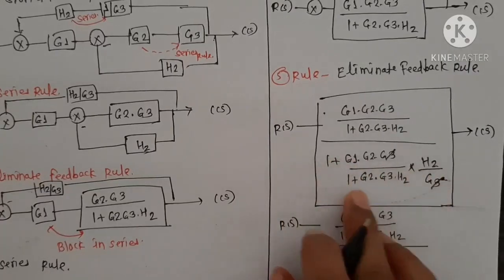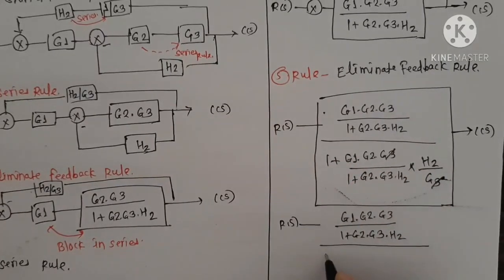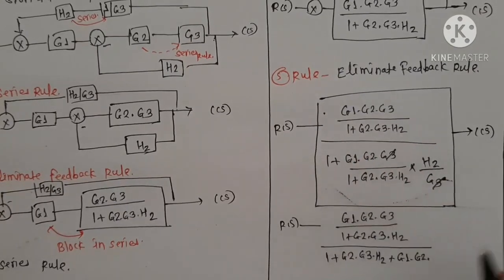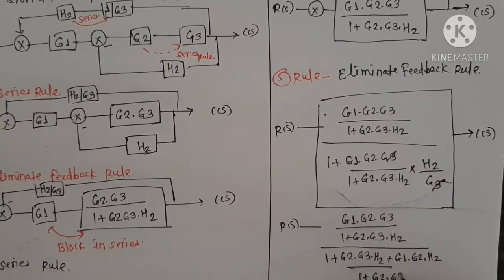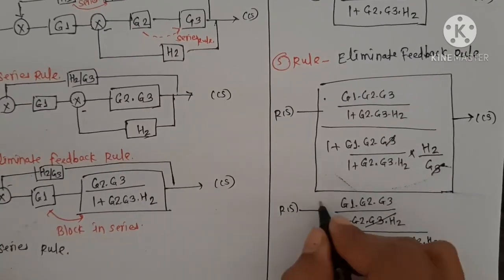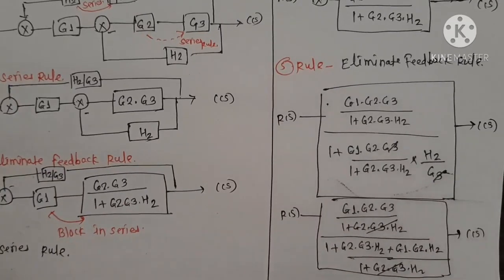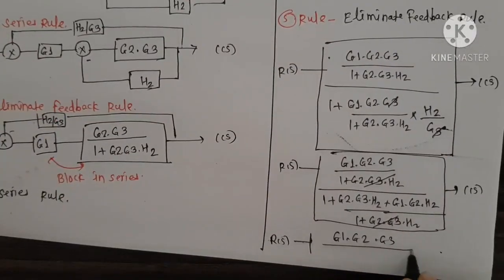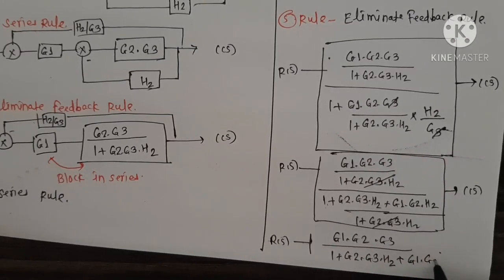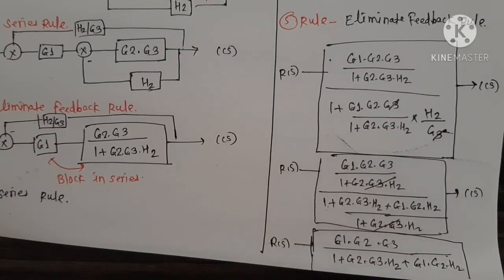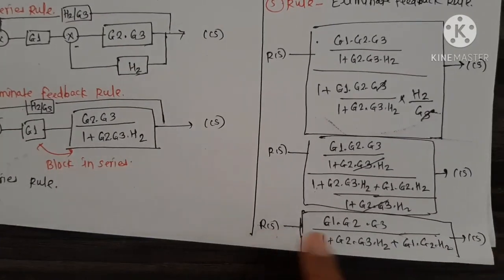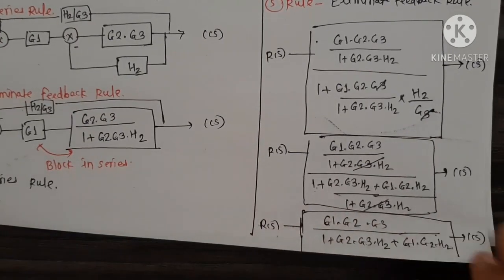After that we multiply this base with 1, giving 1 plus G2 G3 H2 plus G1 G2 H2, all upon 1 plus G2 G3 H2. This base gets cancelled and our final answer will be C(s)/R(s) equal to G1 G2 G3 upon 1 plus G2 G3 H2 plus G1 G2 H2. Because after reduction only one block remains, this is the ratio C(s)/R(s).